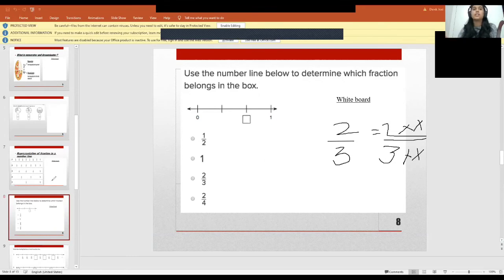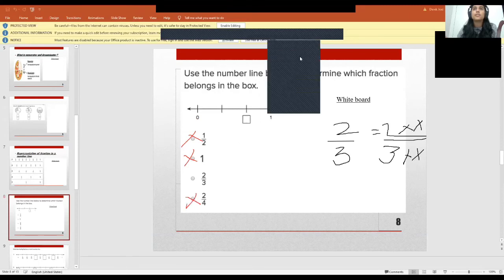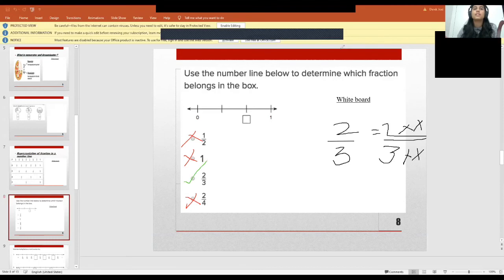So 2 by 3. So is it 1 by 2? Let's take red. Is it 1 by 2? No. Is it 1? No. Is it 2 by 4? No. So the correct answer will be 2 by 3. Isn't this very simple? Yes.